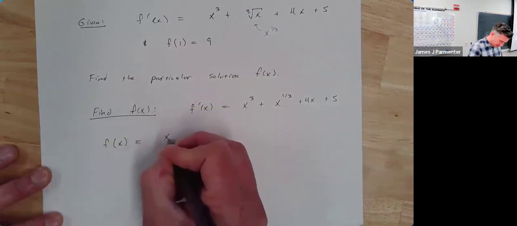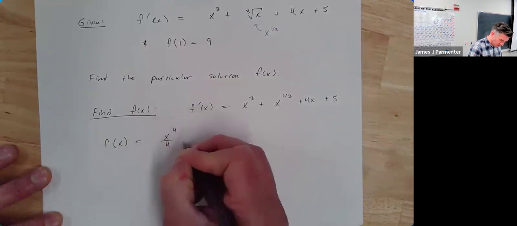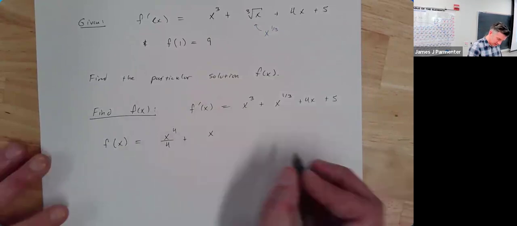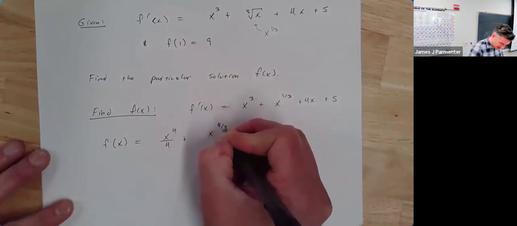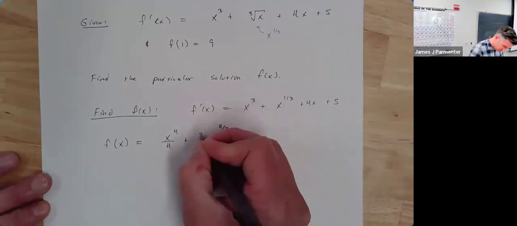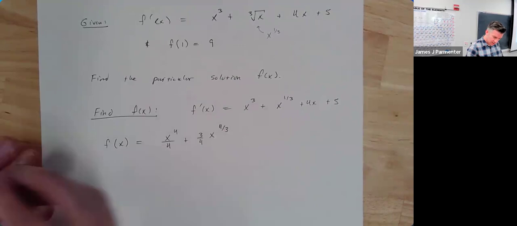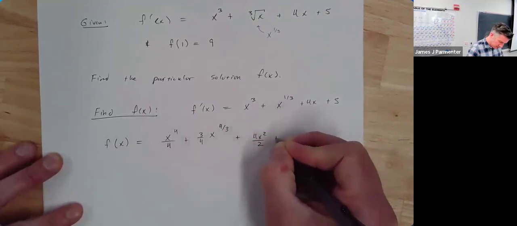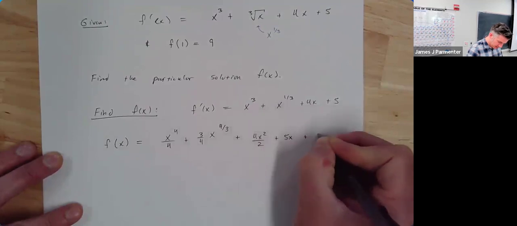We're going to get x to the 4th divided by 4 plus x to the 1/3 plus 1 is 1/3 plus 3/3. That's going to be x to the 4/3. And instead of dividing by 4/3, I'm going to multiply by 3/4, plus 4x squared divided by 2 plus 5x plus c.